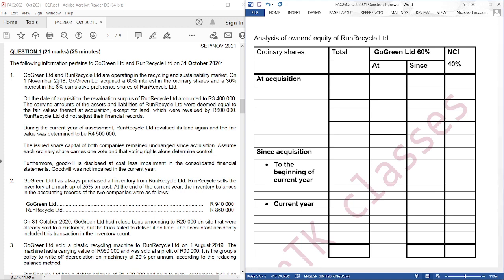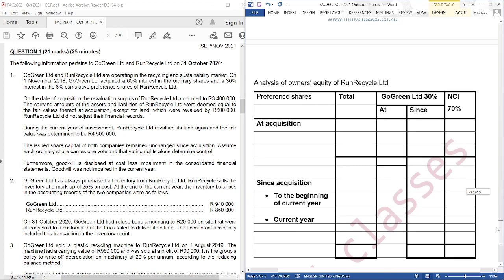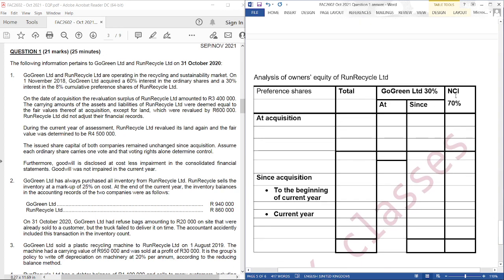On 1 November 2018, Go Green Limited acquired 60%, which means NCI is 40%, interest in the ordinary shares, and a 30% interest in the 8% cumulative preference shares of Run Recycle Limited, which means NCI is 70%.